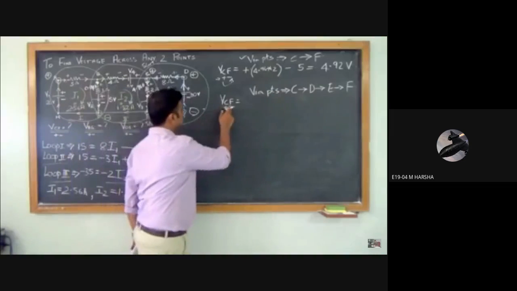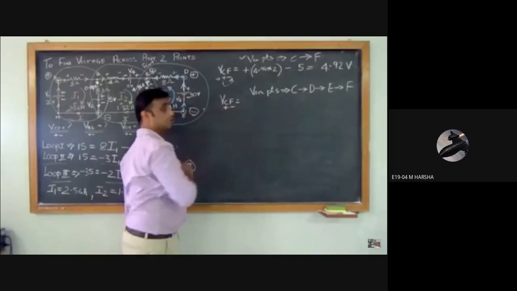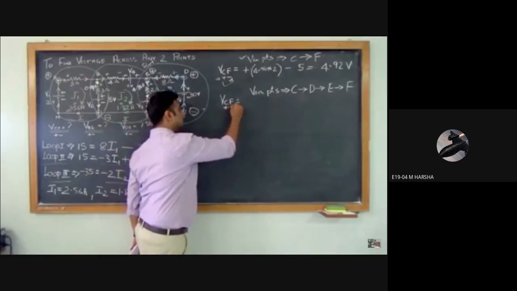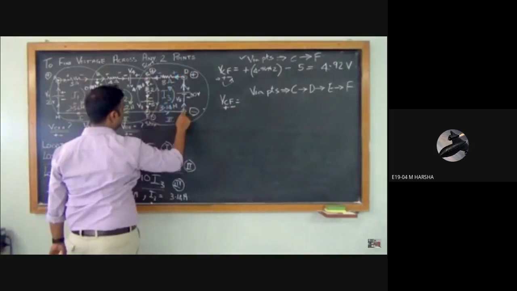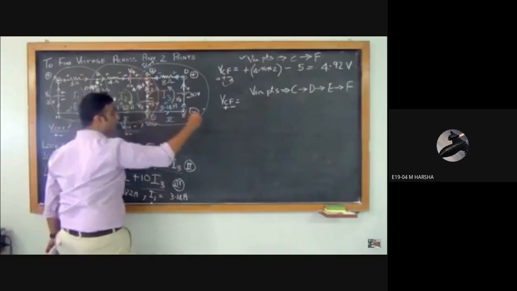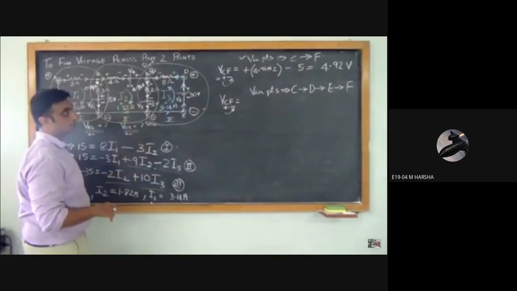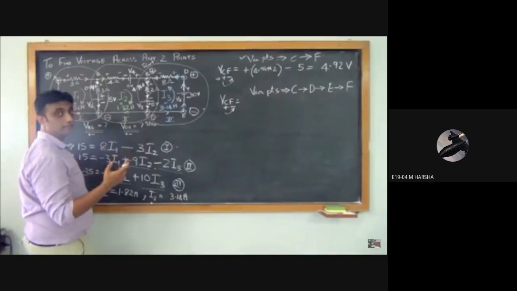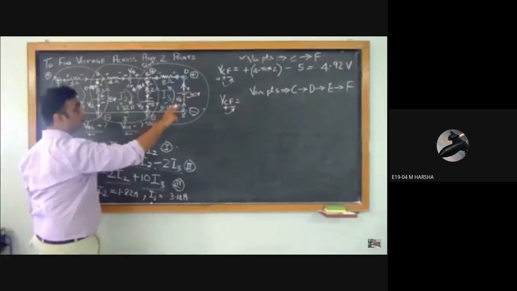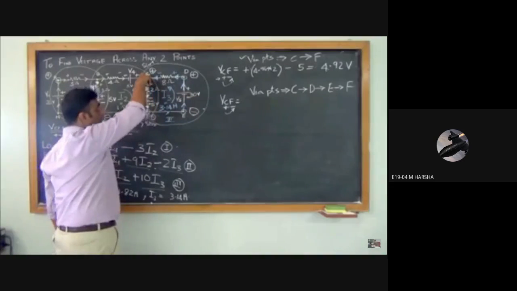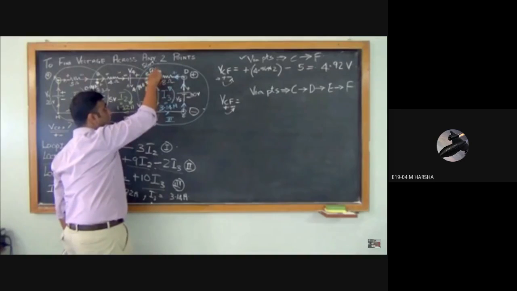Now, across C and F, this will always remain the same. The positive terminal of the multimeter will be connected across C, and the negative terminal of the multimeter will be connected across F. Now, going via points C to D, D to E, and E to F. If I am moving from C to F, as I told you, you can even move from F to C. So now I am moving from C to F, that is, I am starting at C and ending at F via points C, D, E, F. So starting at C, the first terminal I meet is the 8 ohm resistor, and it is the minus terminal.